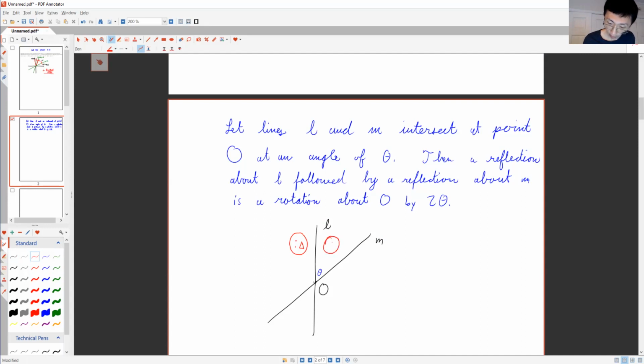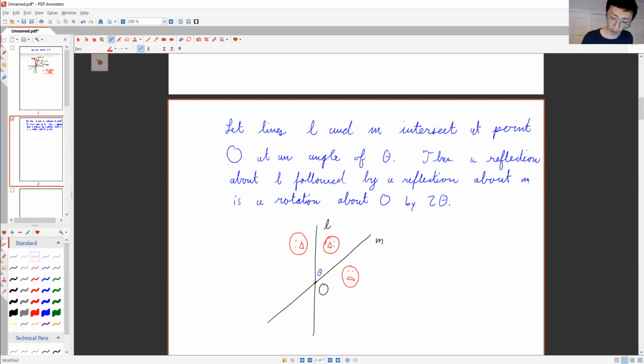It's not a very good diagram, but now it's facing this way, and its mouth is like that. And then you reflect it over M. Okay, that's not a very good reflection, but we'll just go with it.